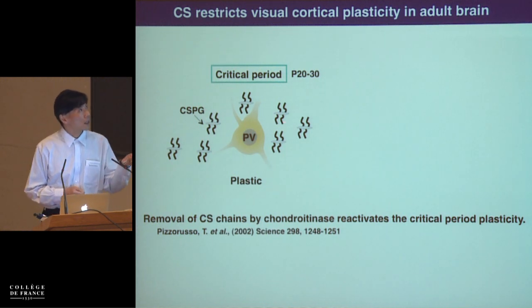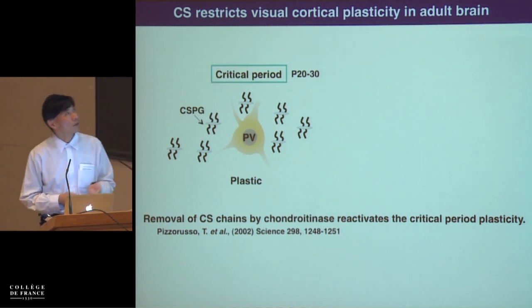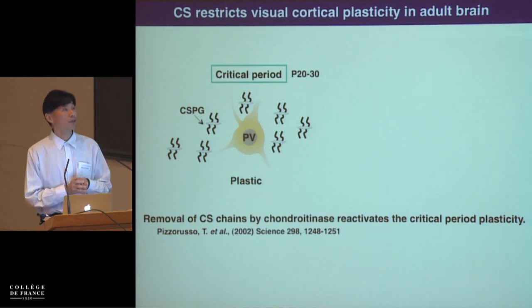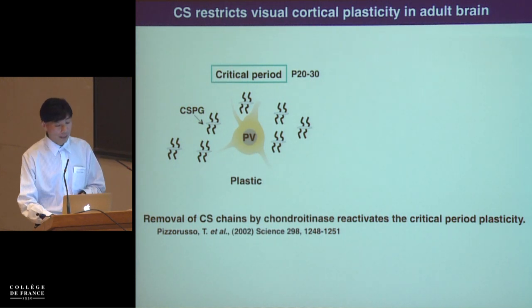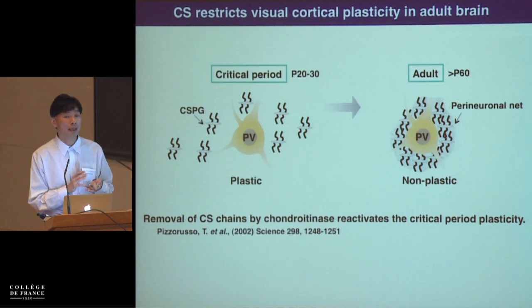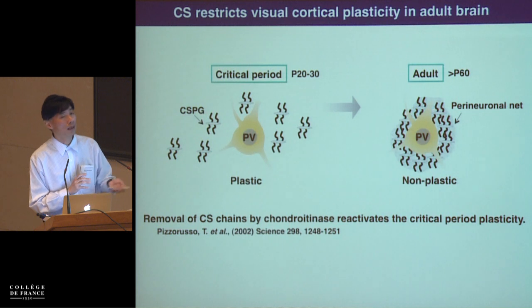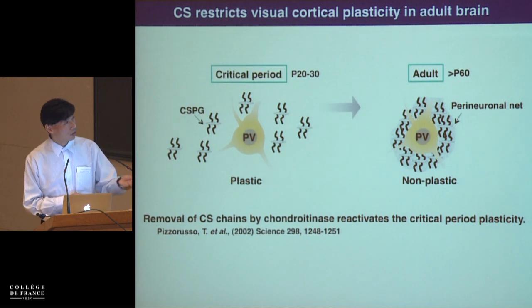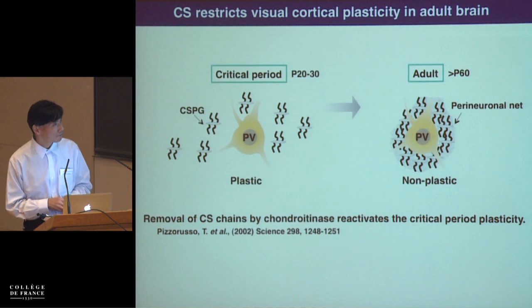During the critical period, chondroitin sulfate proteoglycans are diffusely distributed in the brain. After that, they condense around the PV cells and form a specialized extracellular matrix structure, the so-called perineuronal net, in the adult brain.